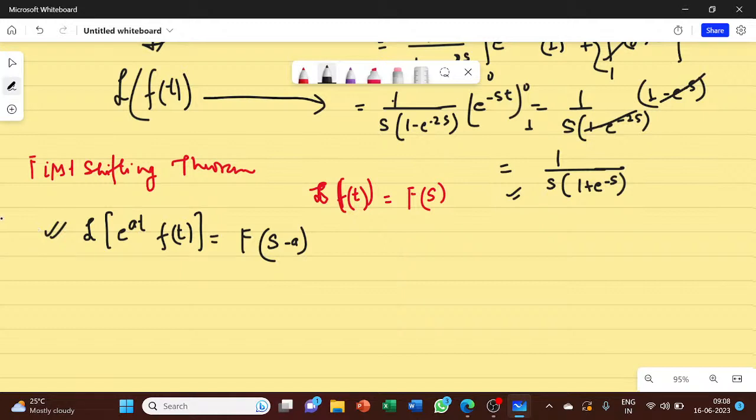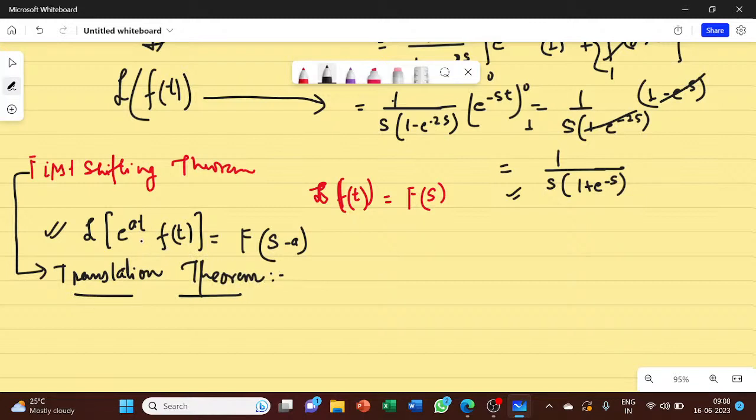So this property is called your first shifting theorem, or you can say translation theorem. What happens is, if you multiply your function by e to the power at, and then you want to find the Laplace transform, it will simply be equal to F of s minus a.